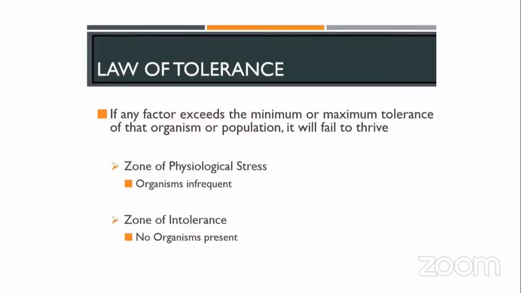In this zone, organisms are infrequent, meaning there will be fewer organisms living in such a stressful zone. Then another is the zone of intolerance. In the zone of intolerance, no organisms will survive, so no organisms will be present there.